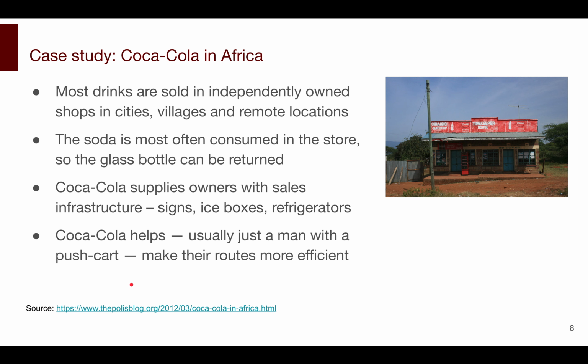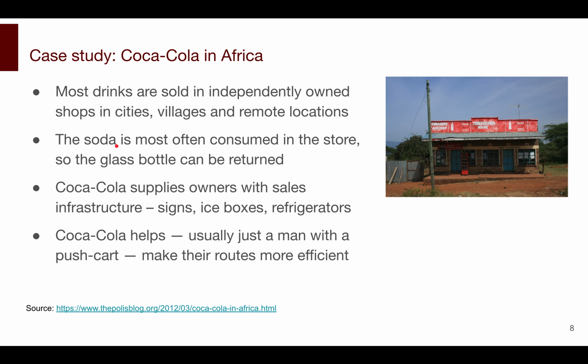So let's look at a case study of Coca-Cola in Africa, where logistics is more challenging. Drinks are mostly sold in independently owned shops in cities, but also villages and rather remote locations like this shack here.